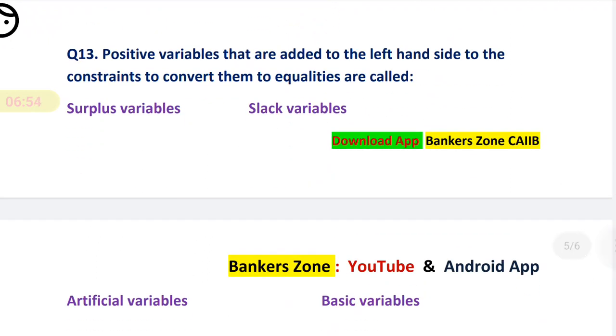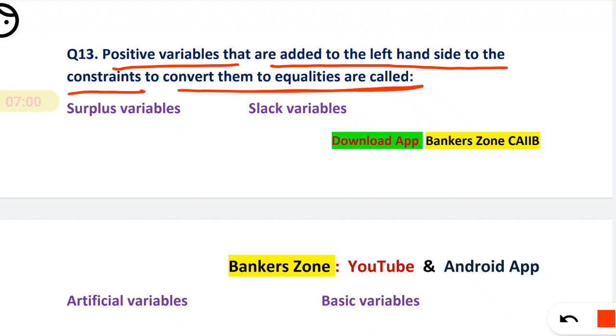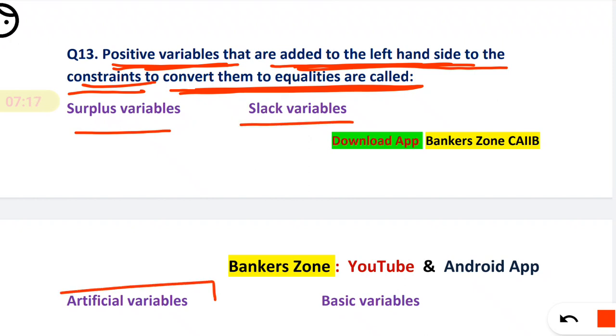The positive variables that are added to the left hand side of the constraints to convert them into equality are called as: first, surplus variable; second, slack variable; artificial variable; or the basic variable.